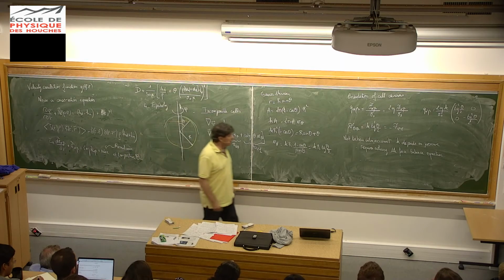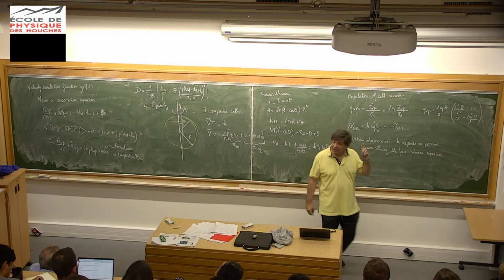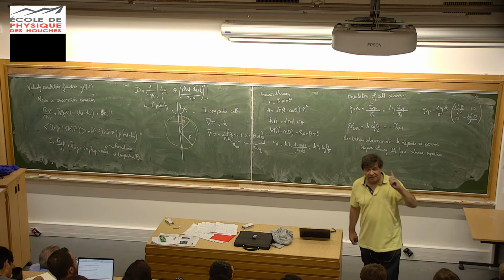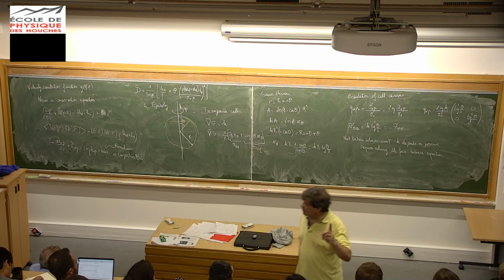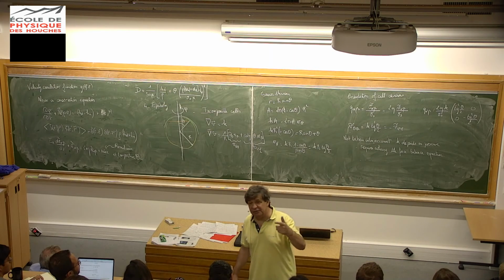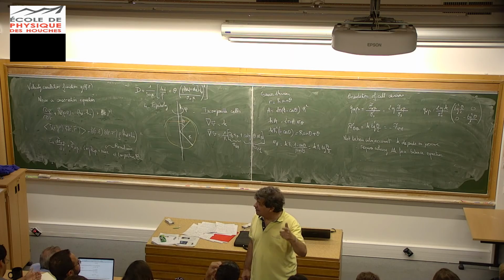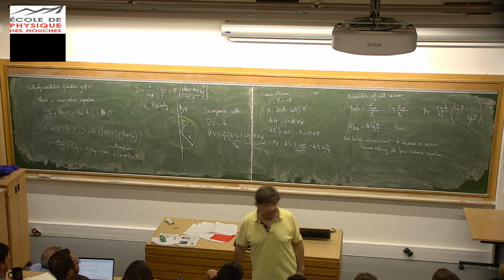Two of my younger colleagues did that. When they did it, in addition to the viscosity, that's one source of dissipation, they assumed that there was a friction between the cells, the EVL, and the yolk.